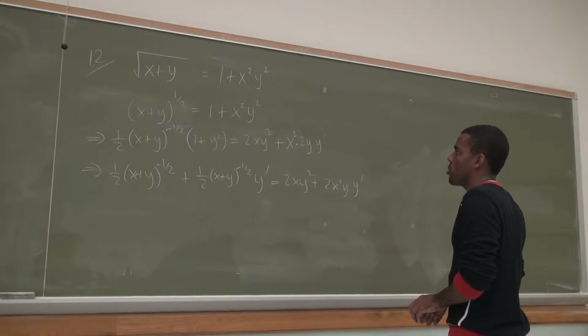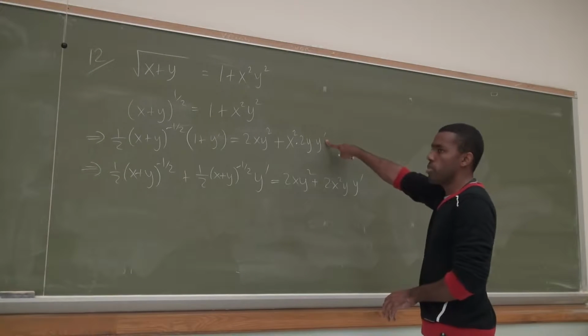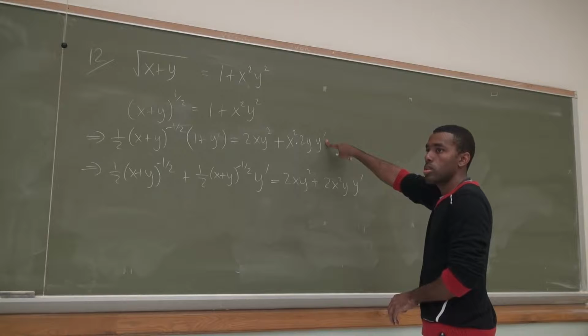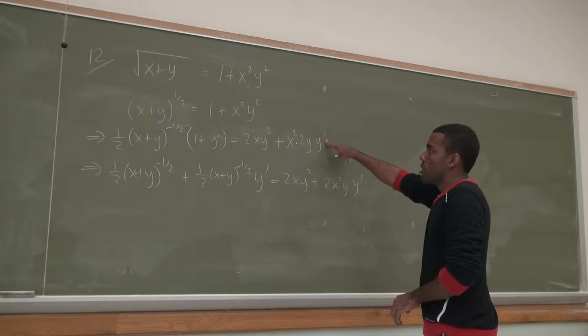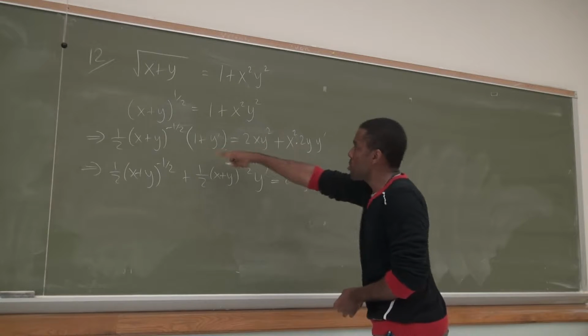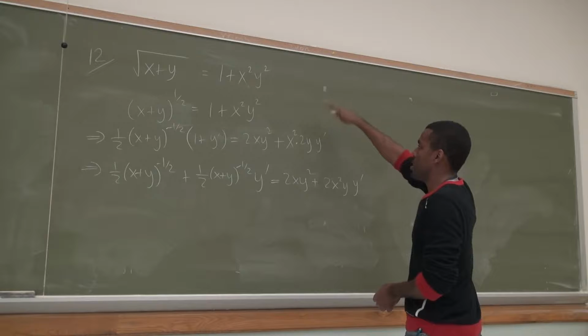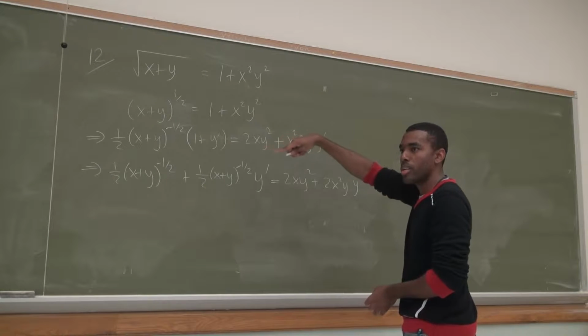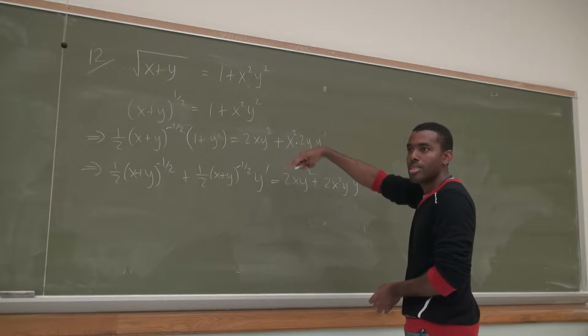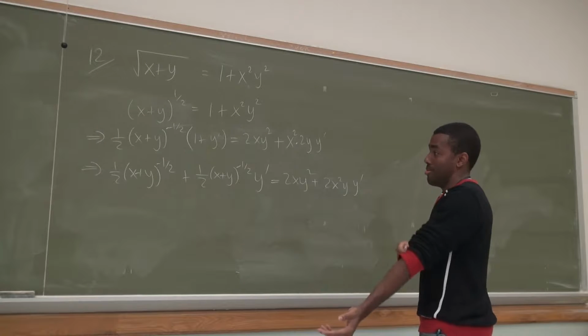But you have a y prime over here though. Yeah, and you move it to the other side. If I multiply both sides by that, I'm going to have to expand the brackets here to move that over anyway. I find it easier either way. It was a suggestion.